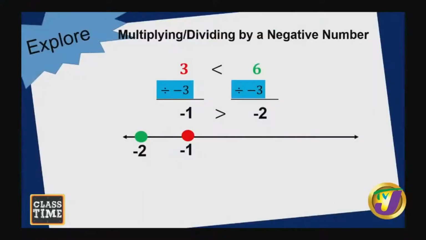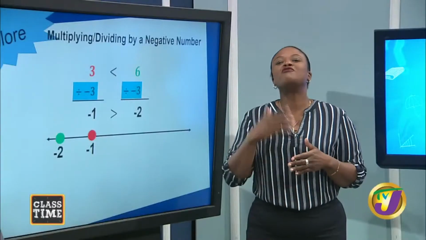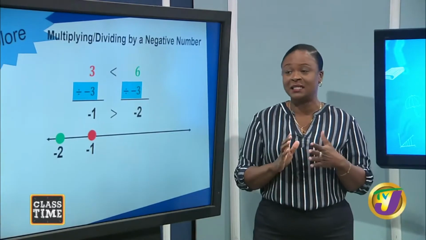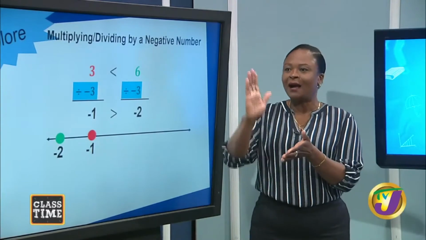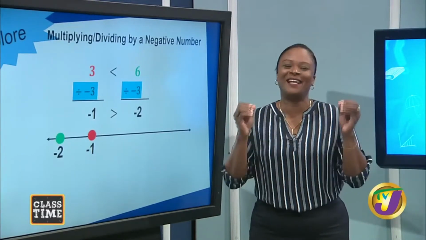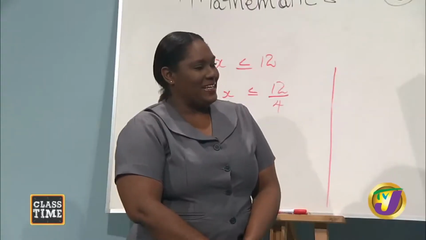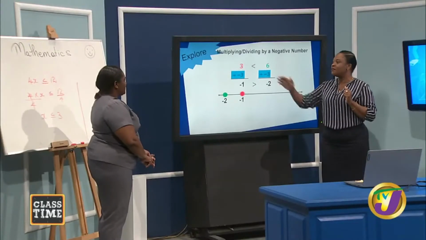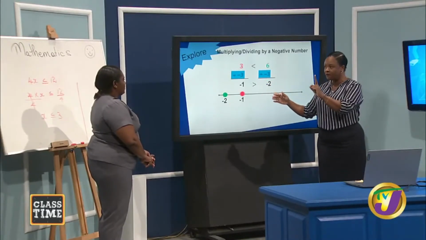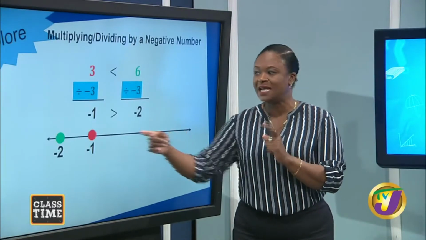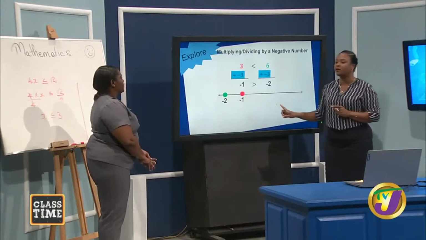So to hold the inequality true, there has to be, in the streets, you guys talk about the flipping, the reorientation of the inequality sign. And so for that reason, this is just evidence of the first rule: when dividing by a negative number, I hope you see it and you are seeing the justification here.